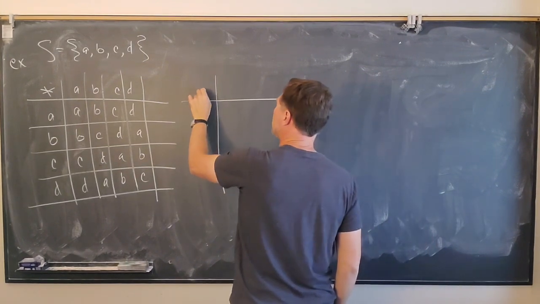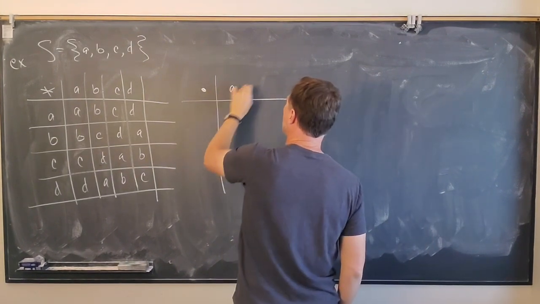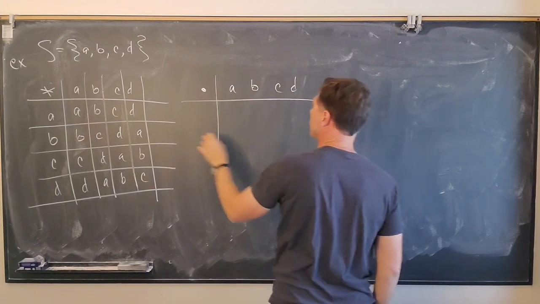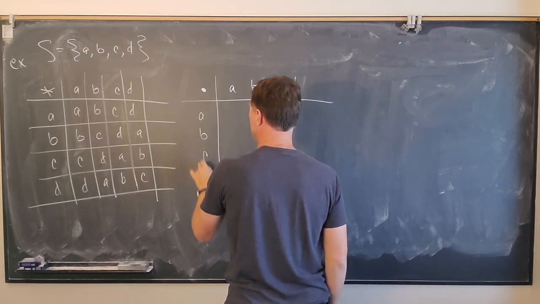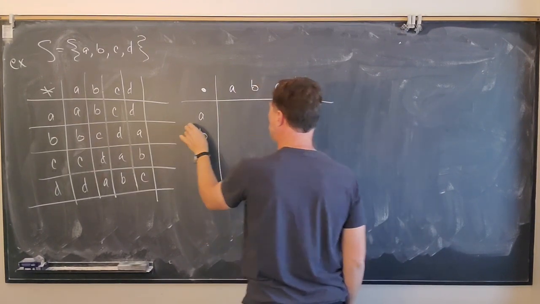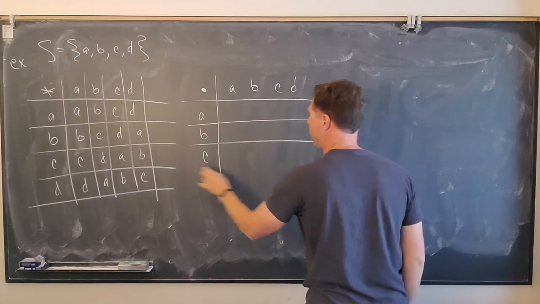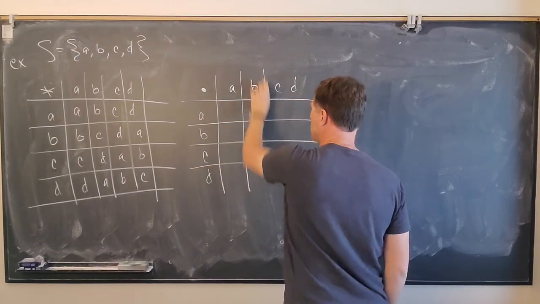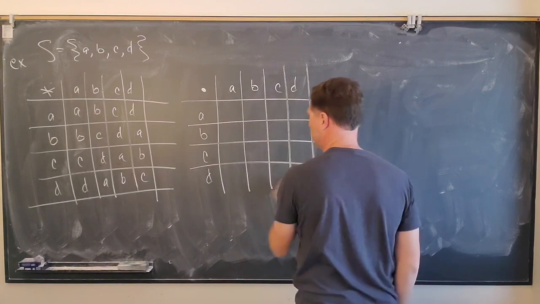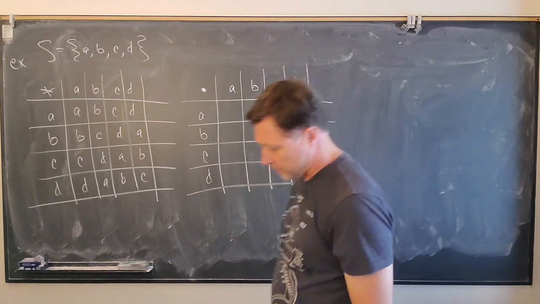So now I'll use the symbol dot instead. A, B, C, D across the top and down the side. Okay, let me fill this one out.